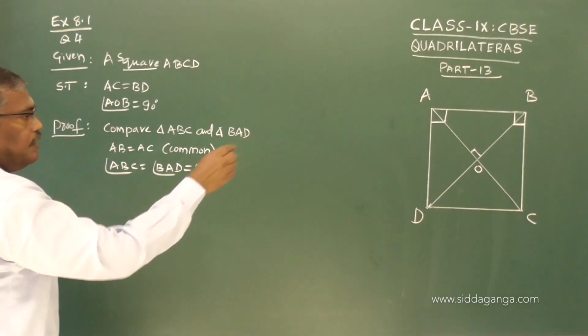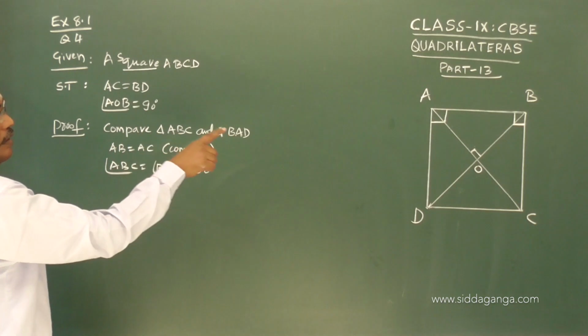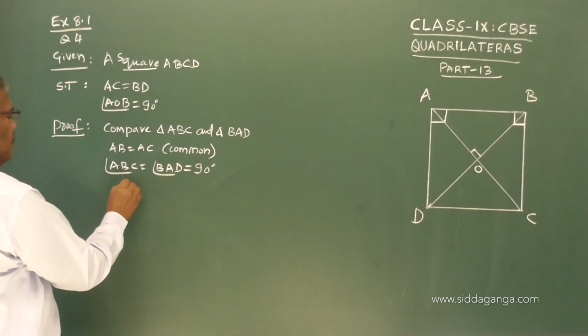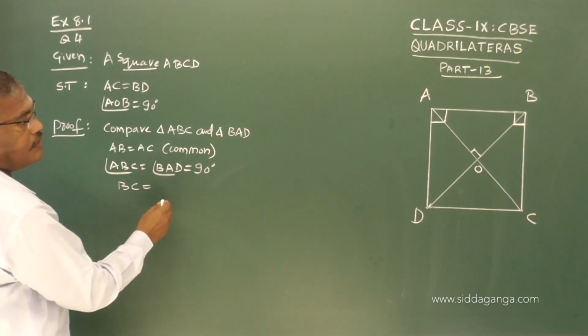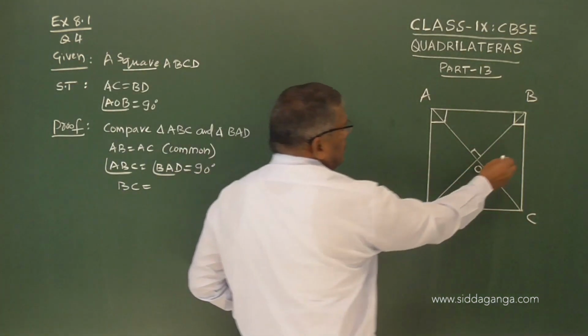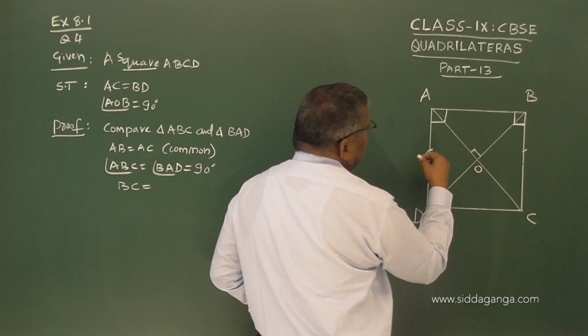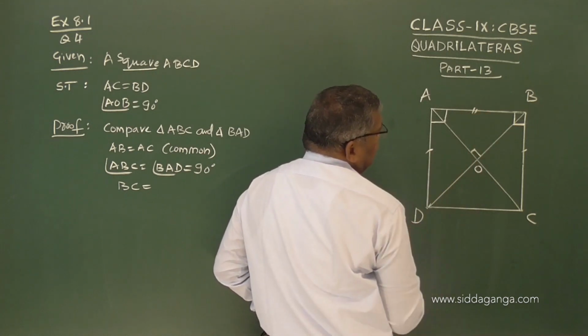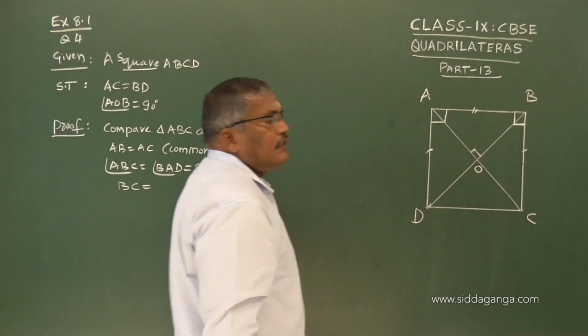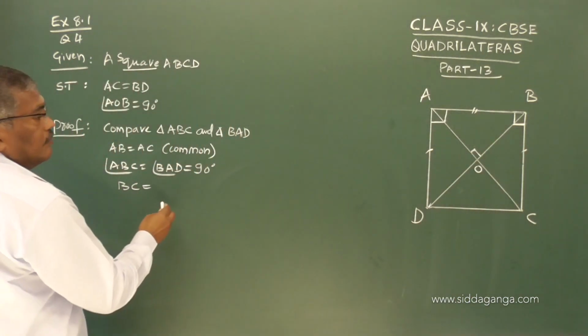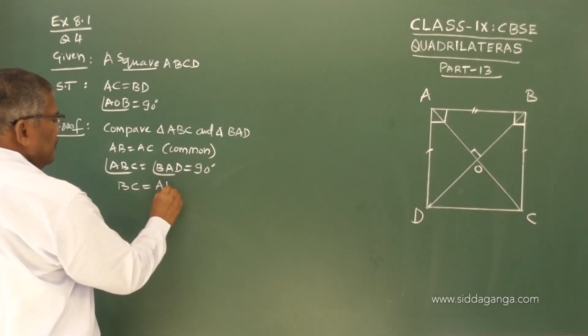Therefore, we can say side BC equals AD, this side will be equal to this side. This is common and this is 90 degree, this is 90 degree. That is the case. BC equals AD.